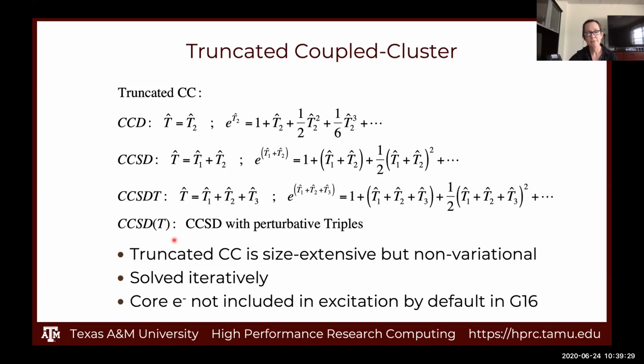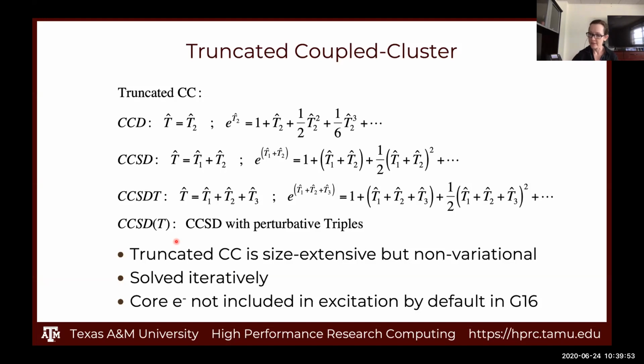If they differ substantially, and that word substantially is relative, it really depends on what you're looking at. If they vary more than you expect them to, that could be because there's multi-reference character, or that you need the triple excitations to include the appropriate electron correlation. What it means is that you're going to have to do more work.